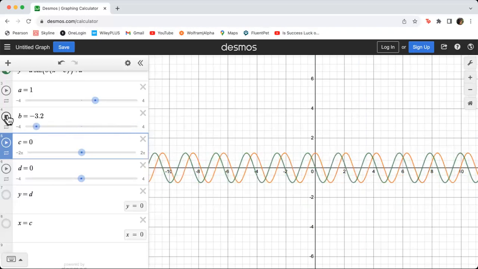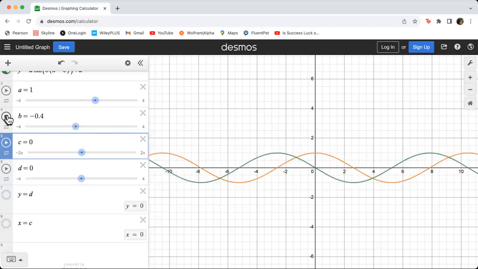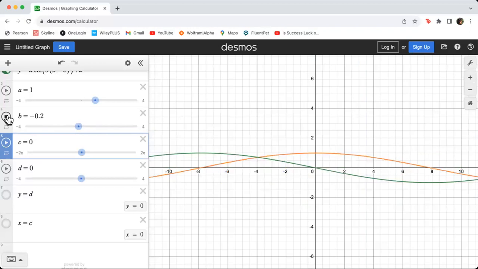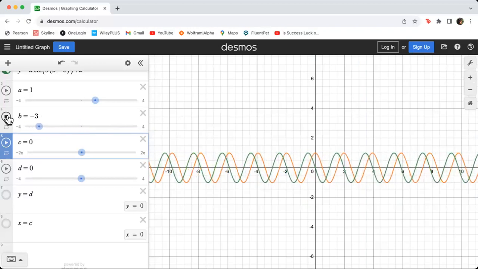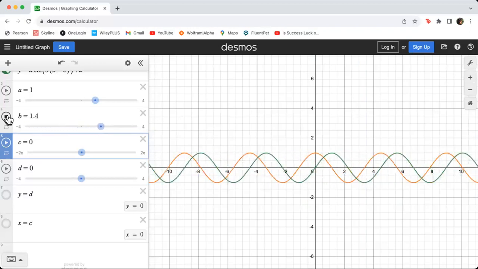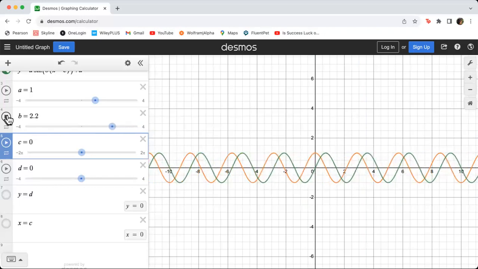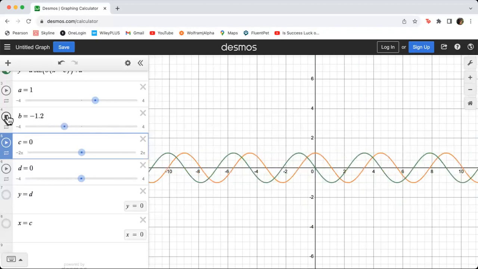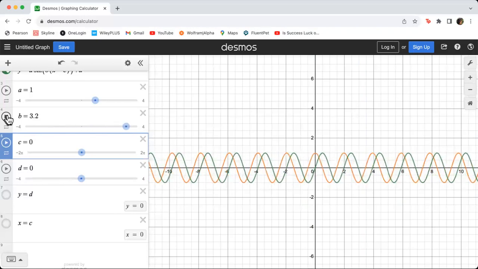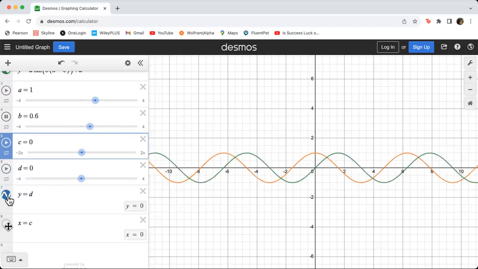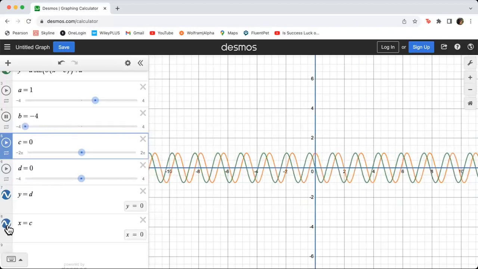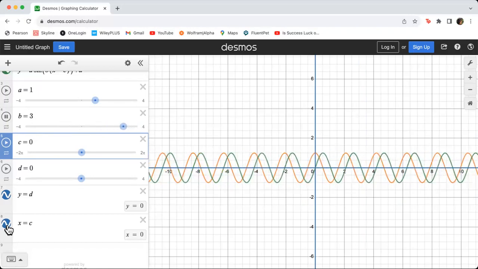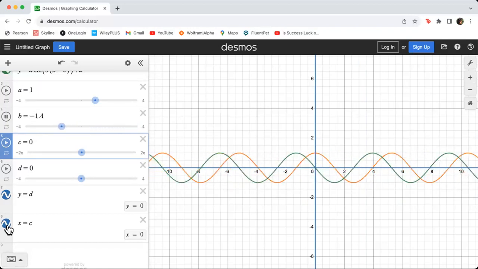We see this graph springing back and forth. We're doing multiplication, and the multiplication happens before the trig function, so we see a horizontal change. Notice that the amplitude is not changing. Notice that the middle is not changing. And our starting point is not changing. What is changing is the period. For different values of b, we get different values of period.